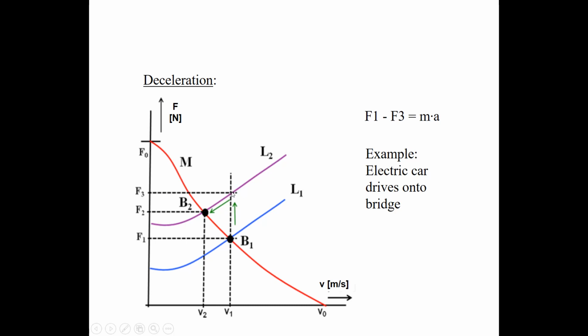My system starts to decelerate until we have a new intersection point of the motor characteristic with the new load characteristic, intersection point B2, in which the motor and load speed have dropped to a lower value, V2, and the motor and load force are higher than the original motor and load force in the original operating point B1.